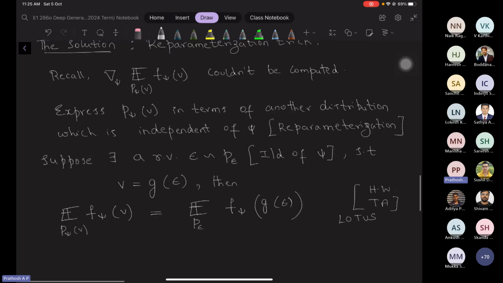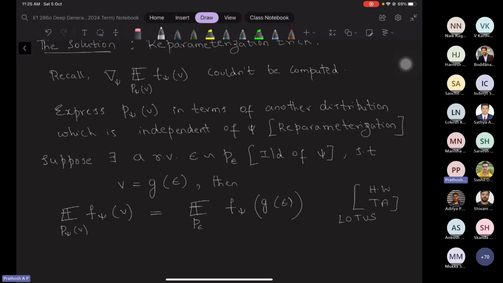So now, what did we show? There is this random variable v with respect to which we are taking an expectation. We represented that random variable as a function of another random variable epsilon that is independent of the parameters psi.